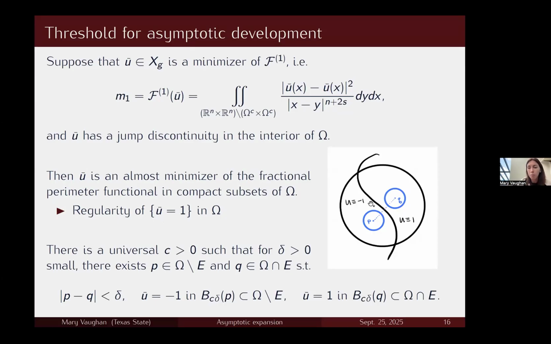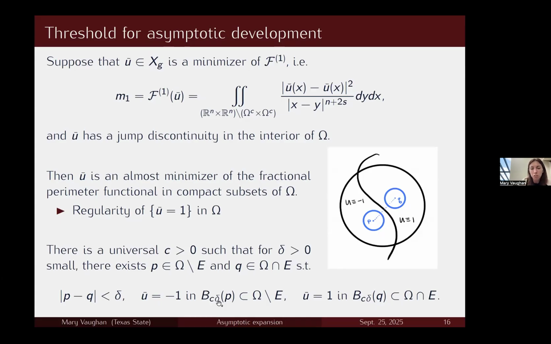Then by the clean ball condition, and I'm not going to get into all the details, but for experts this might mean something to you. By the clean ball condition, we are able to put a smaller ball for any delta. I can put a small ball in the set where u is equal to -1, and a small ball in the set where u is equal to +1, of universal radius C delta.